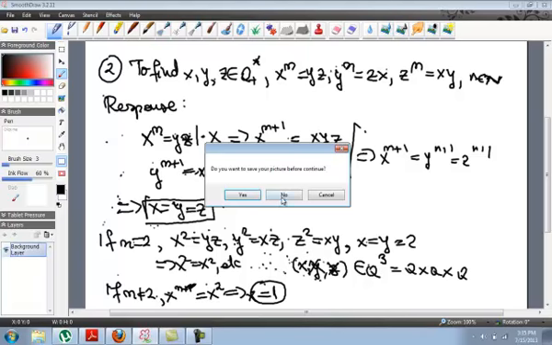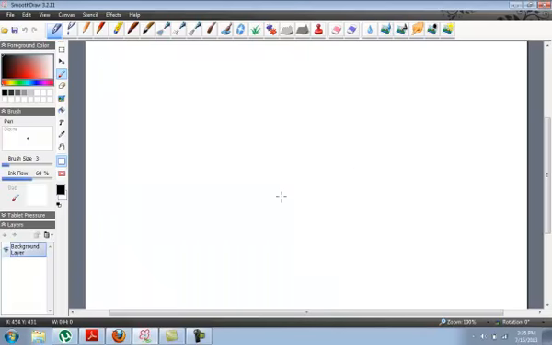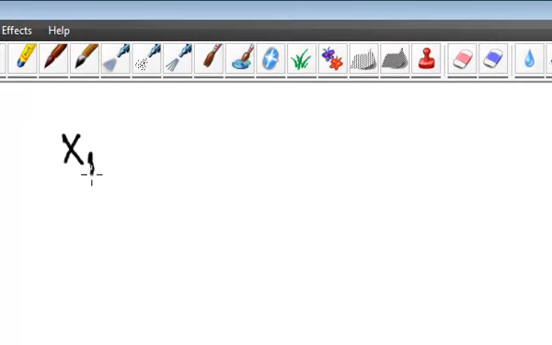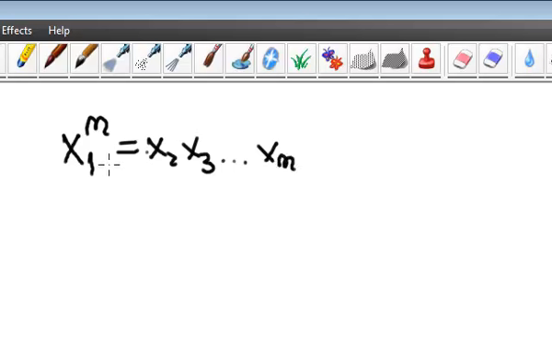As a homework, generalizing this problem, I propose you solve the next equation: x1 to the power n equals x2, x3, up to x index n.